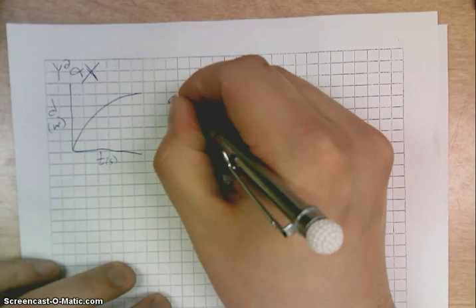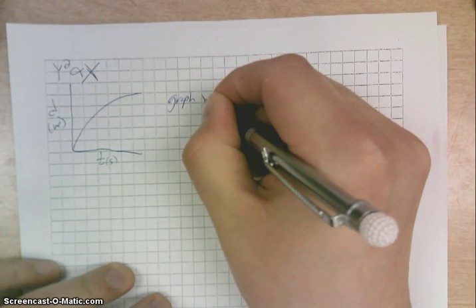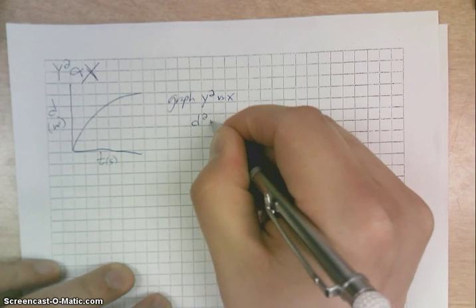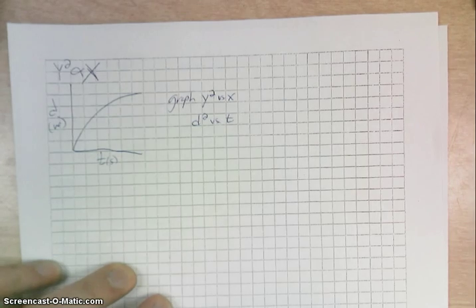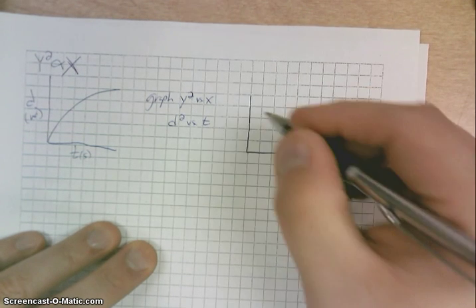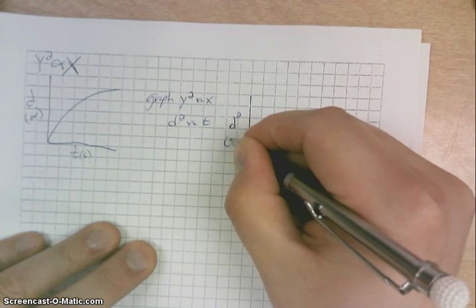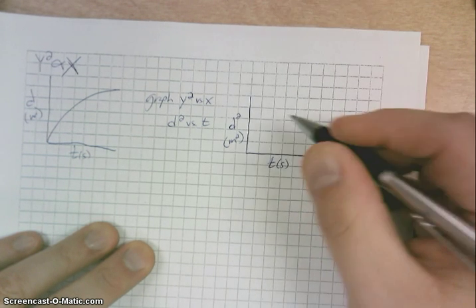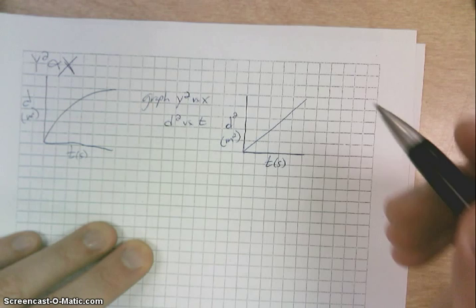So to graph, I'm going to graph y squared versus x, or in this case, d squared versus time. That would give us meters squared, and time in seconds on the bottom. And we get a nice straight line.